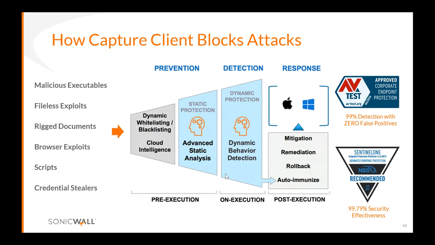So this is our last slide, the solution value. What are all the features we have in the SonicWall Capture Security Client? We have next generation antivirus, so it will protect you from both static analysis and dynamic analysis for the advanced attacks, and the behavior analytics models are also there for anti-ransomware.